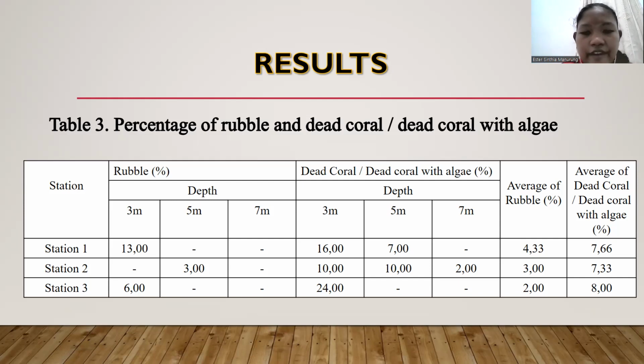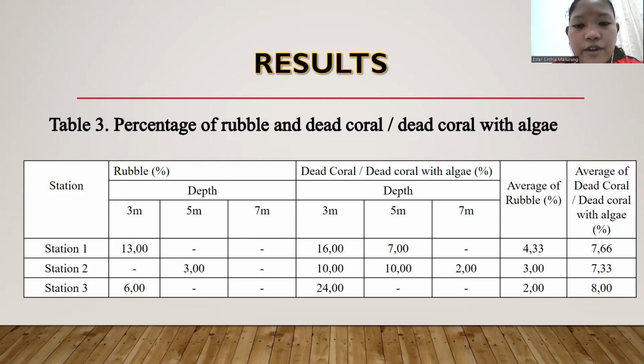The highest average of rubble is at Station 1 at 4.33%, followed by Station 2 at 3%, and lastly Station 3 at 2%.